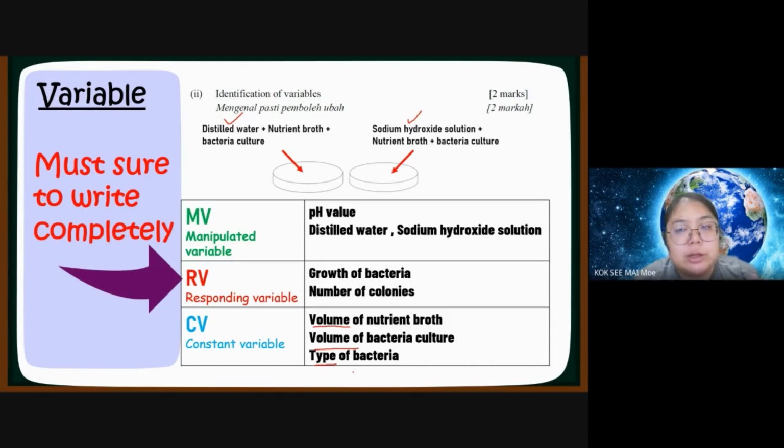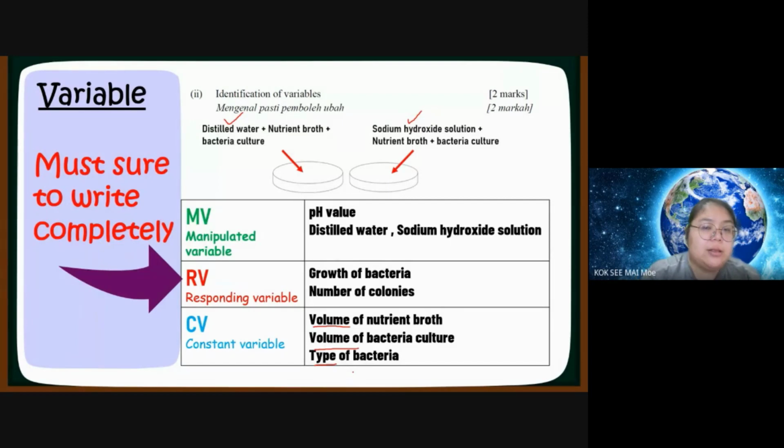We don't have a type of nutrient broth, because nutrient broth only has one type. But bacteria, we have so many types. So both petri dishes must have the same type of material. If the type is different, the bacteria growth will also be different. So these 3 you can write as constant variables. Don't just write nutrient broth.